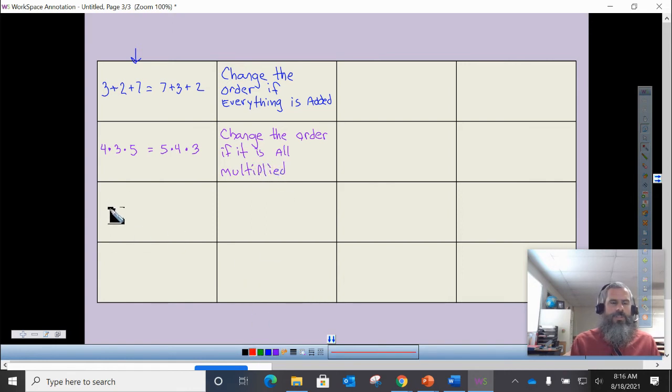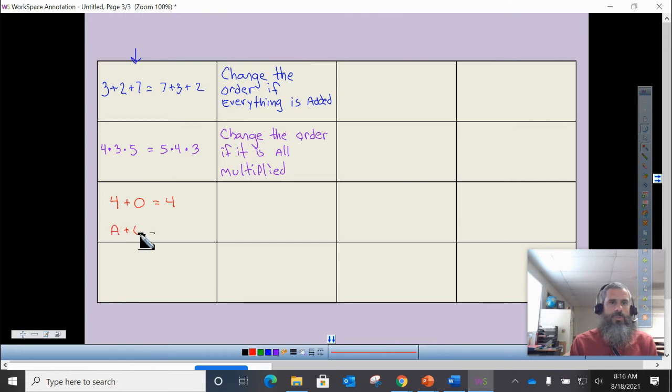Behind this one is the additive identity. And the additive identity is when you have something and you add this number to it, it does not change the value. So what can you add to a number that's not going to change it? And the answer is 0. If you add 0, you have not changed anything. It also works for variables.